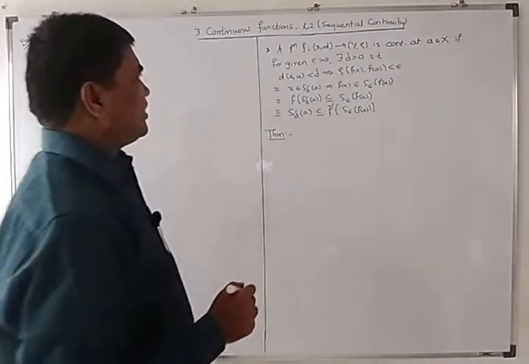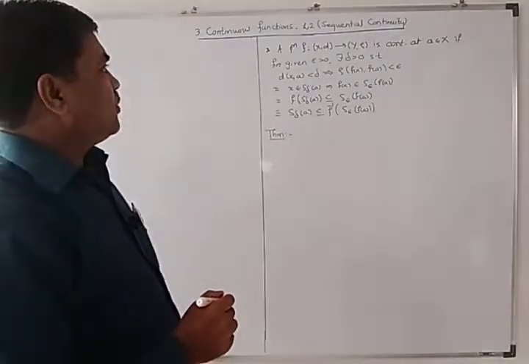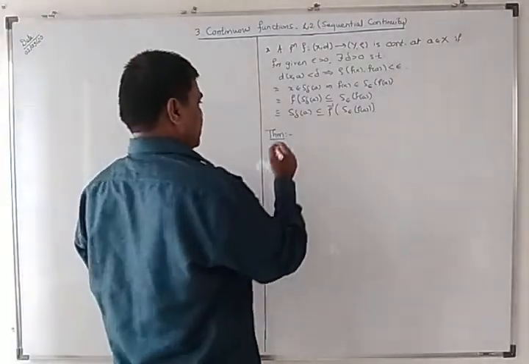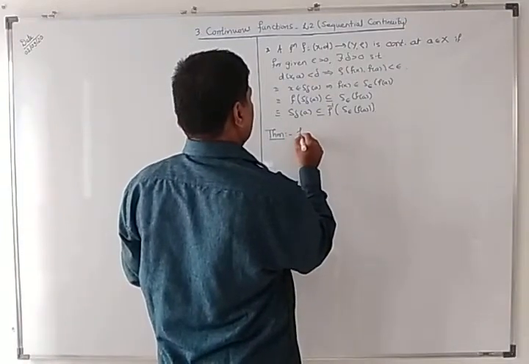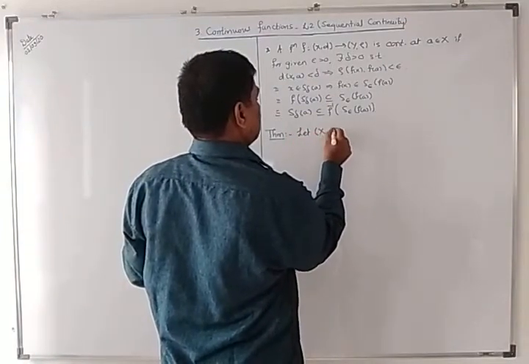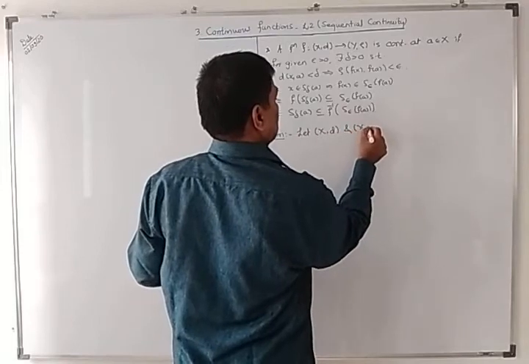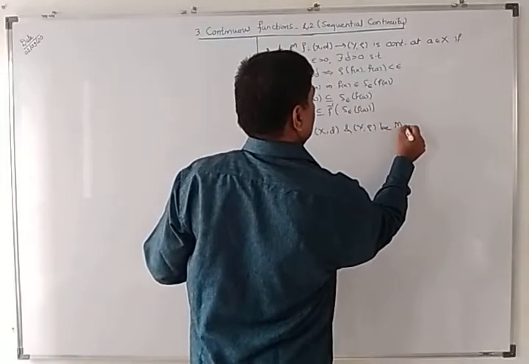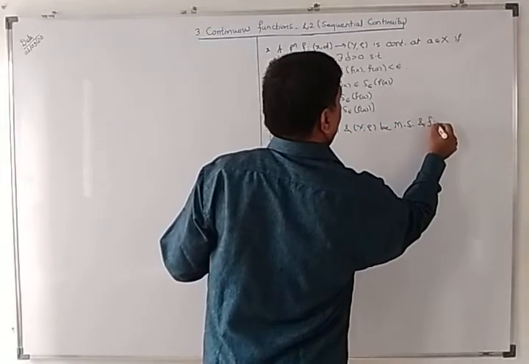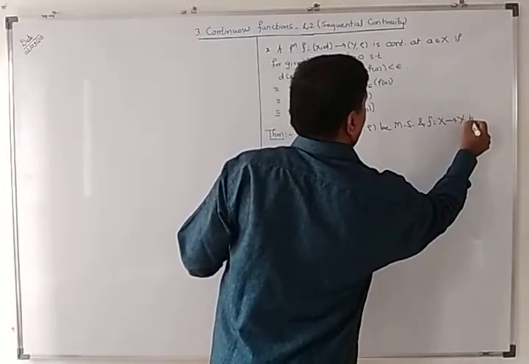This is the first necessary and sufficient condition in terms of sequential continuity. So let (X, d) and (Y, rho) be metric spaces, and f from X to Y be a function.